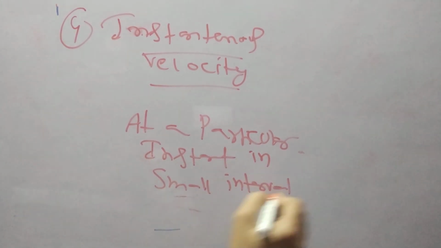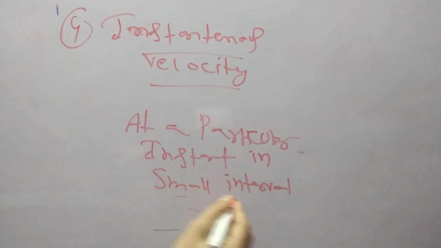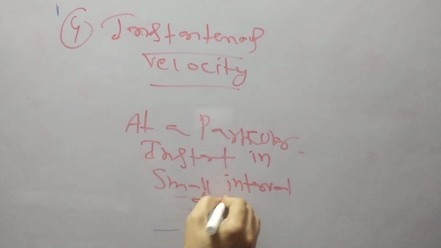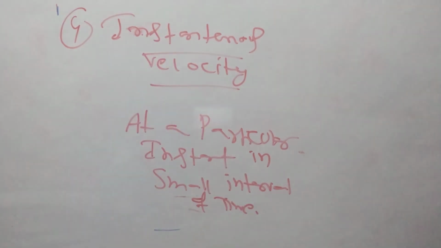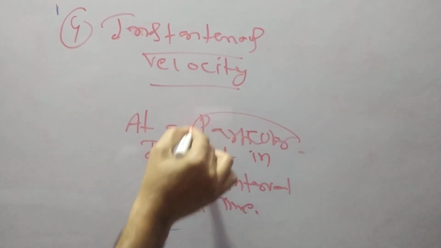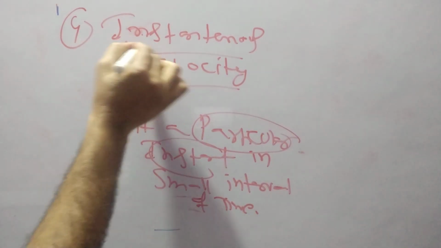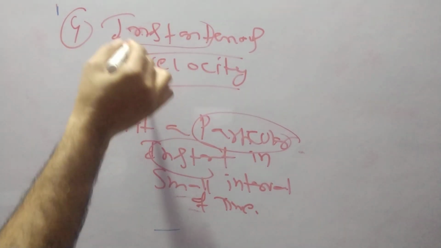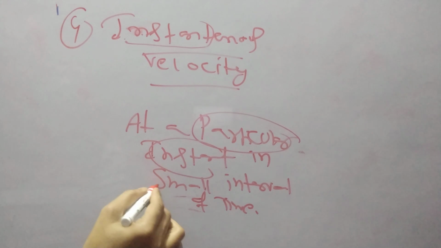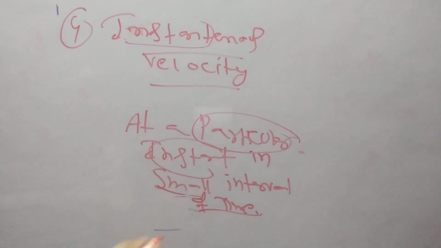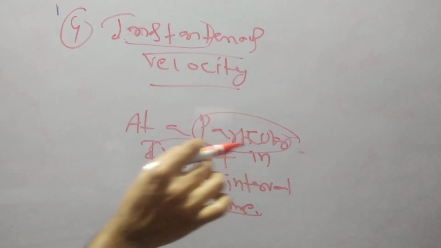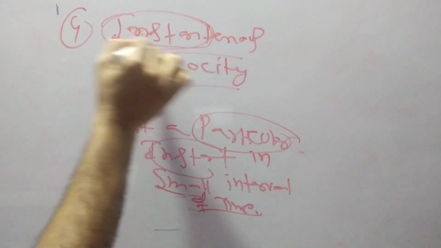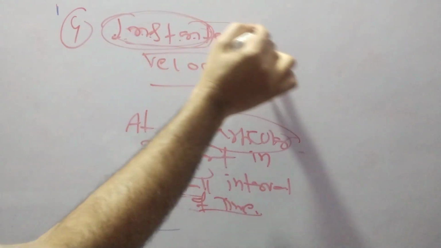Same definition we saw for speed. A small interval of time gives instantaneous velocity, right? At a particular instant means instantaneous. So if you are calculating the velocity at that instant, that is instantaneous velocity, but you have to take a small interval of time at that particular instant only. That's why the word is there, instantaneous velocity.